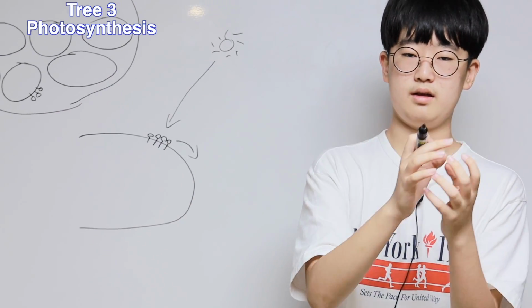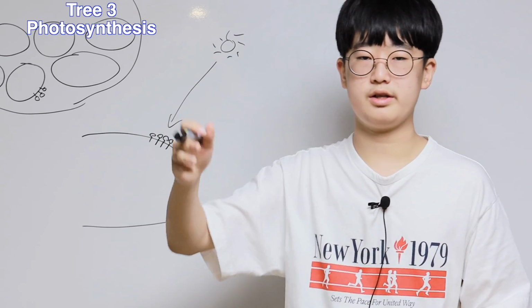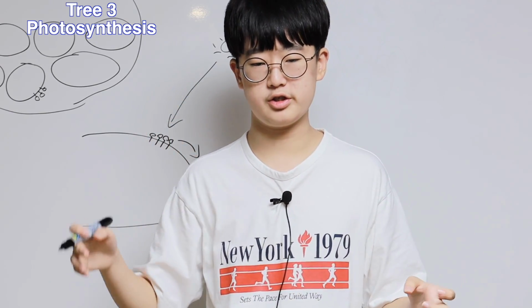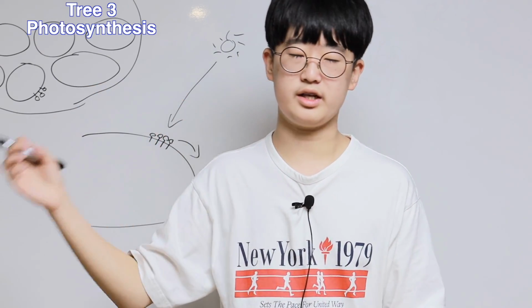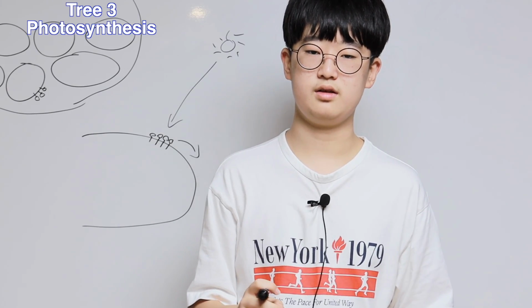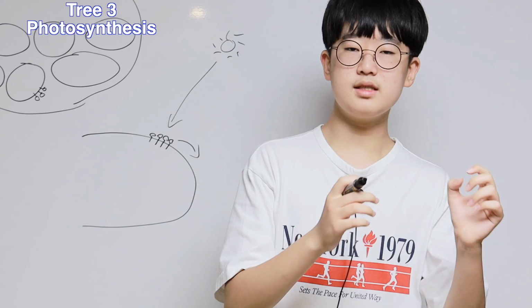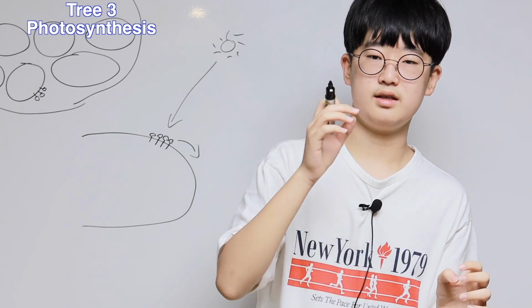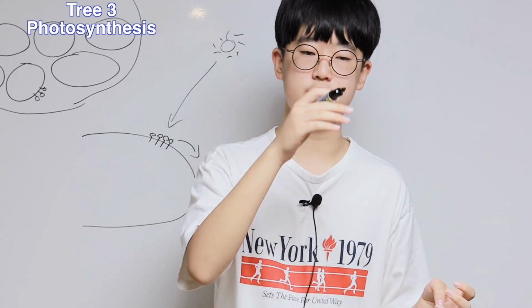So now this chlorophyll molecule is positively charged. That means this molecule wants an extra electron because it's positively charged.